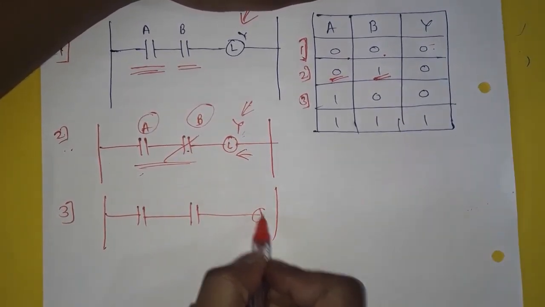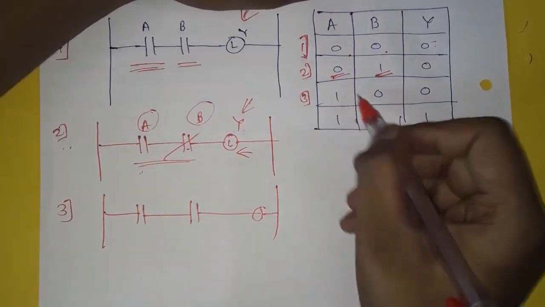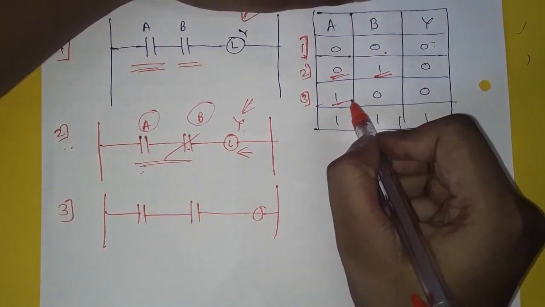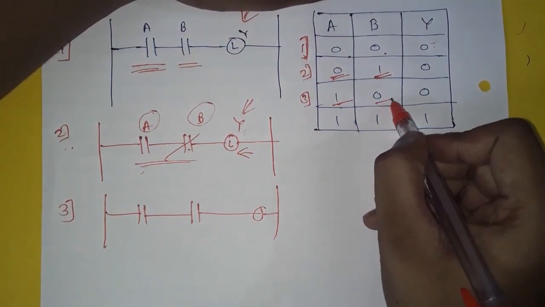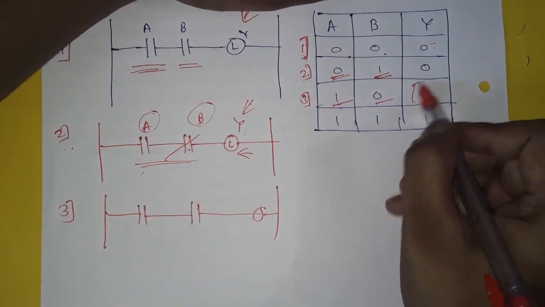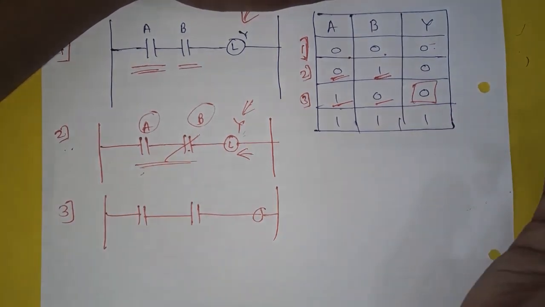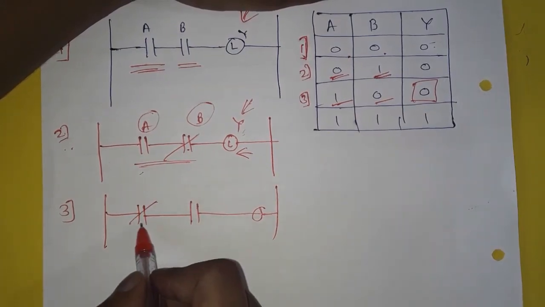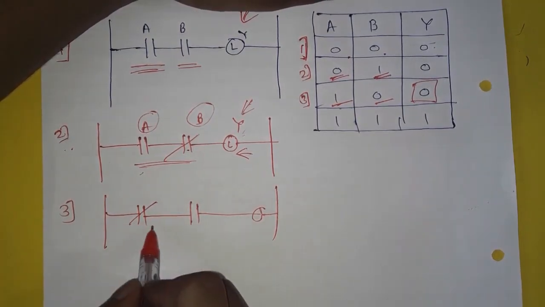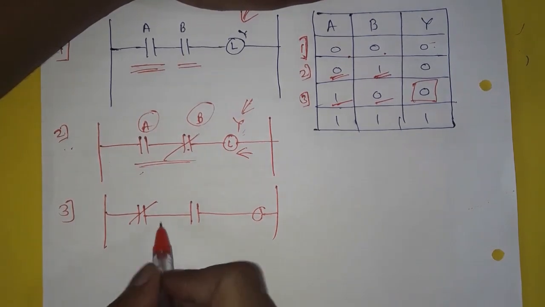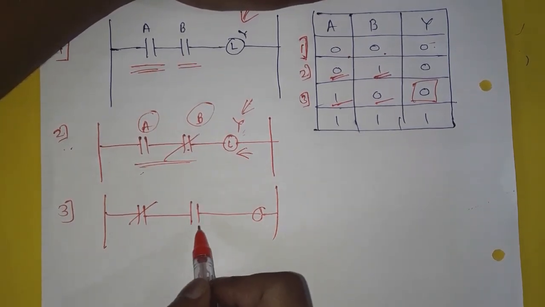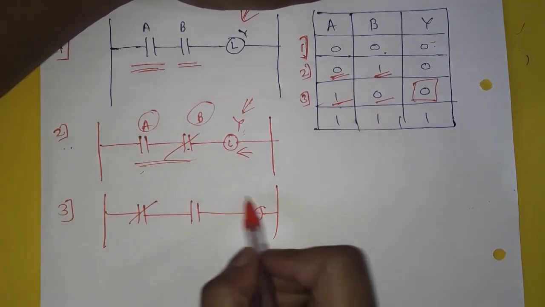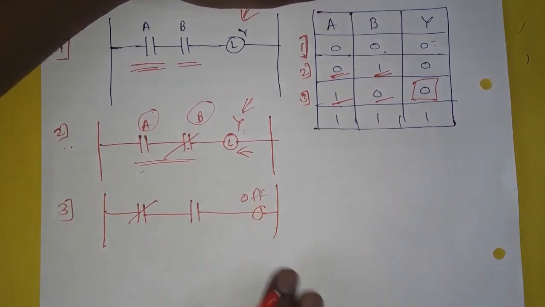In the third case, A will be energized and B will be de-energized, and so the output here also the lamp will not glow. This is energized, so because of this the contacts get closed. This is normally open, and this is off again.